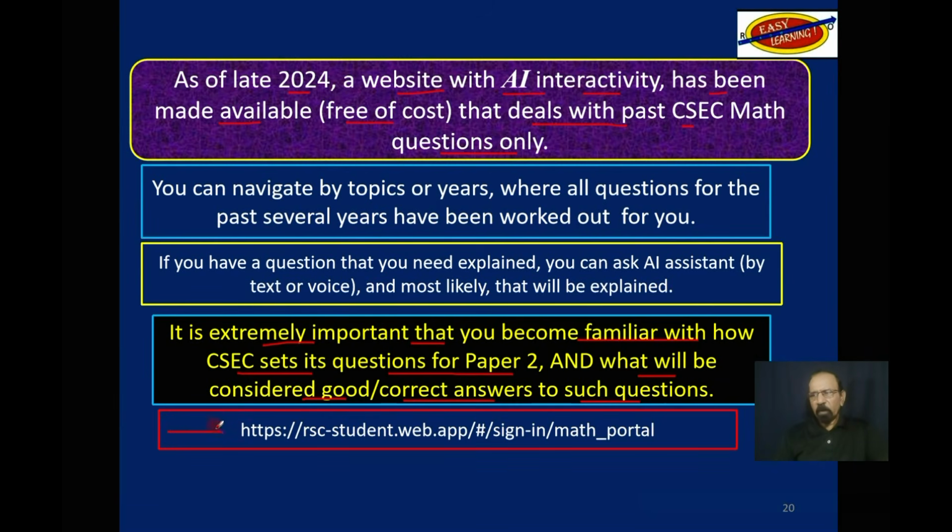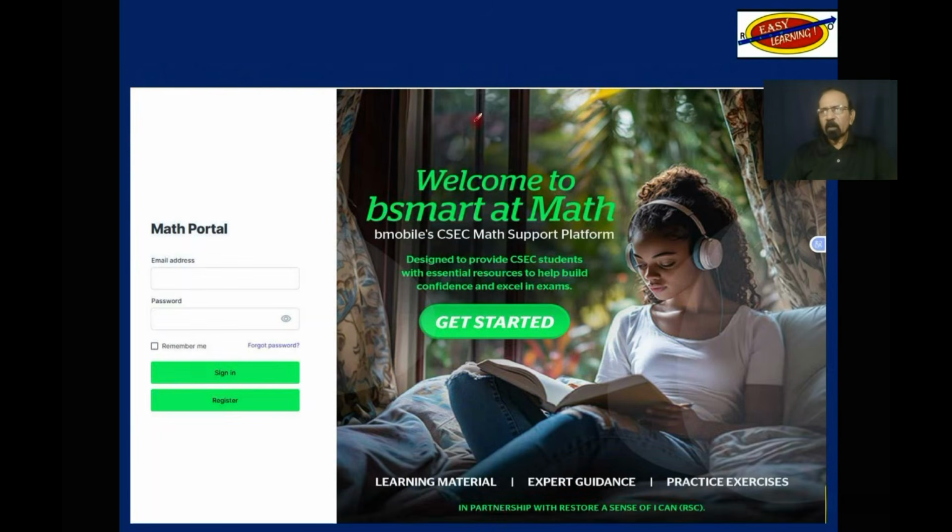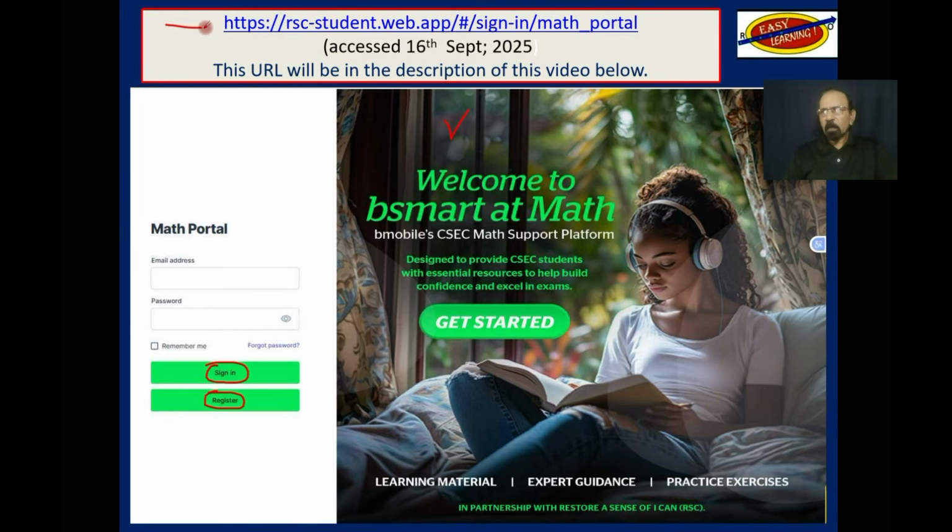This is the URL for that website. On the next slide, I will show you what the home page for that website looks like, which is this. You would have to register first and subsequent to that, sign in. Again, that is the URL. This URL will be listed in the description of this video below, so you can easily click on it and be redirected to this website.